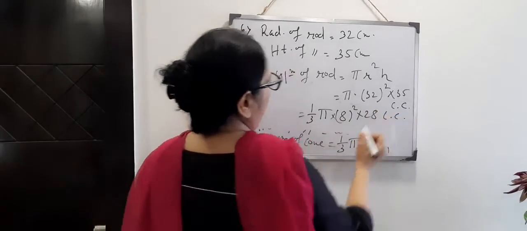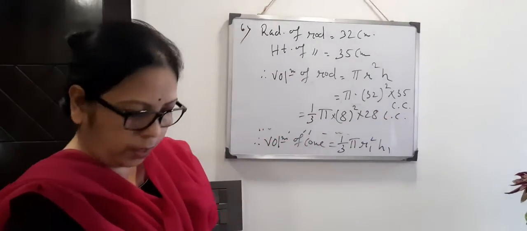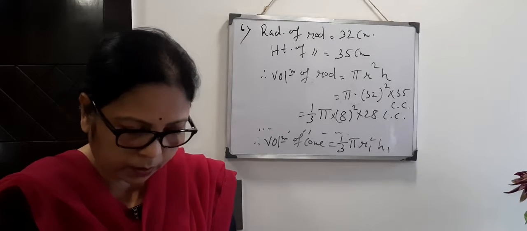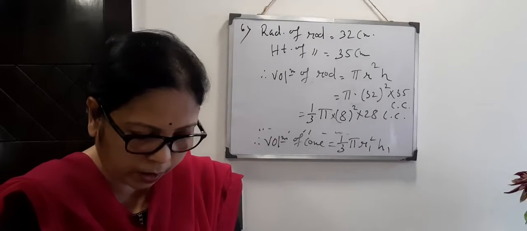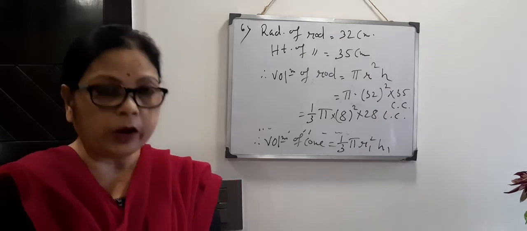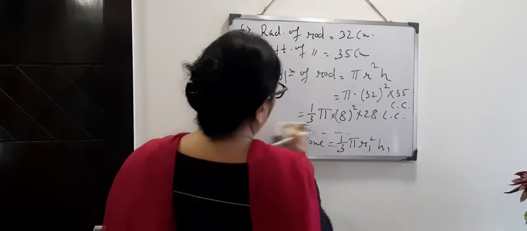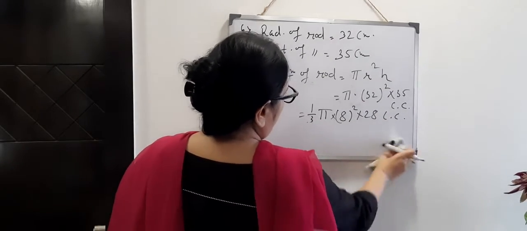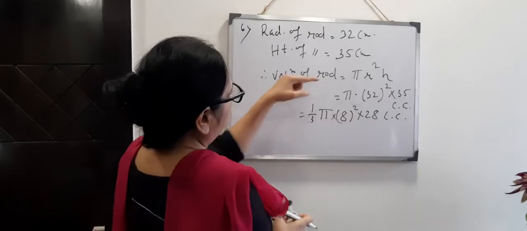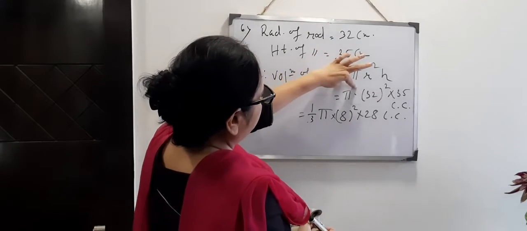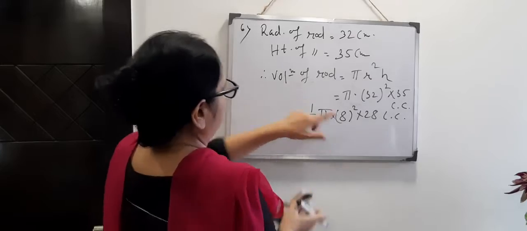Now you have to calculate the number of solid cones, how many you will get from that rod. So we will divide the volume of this by volume of that.